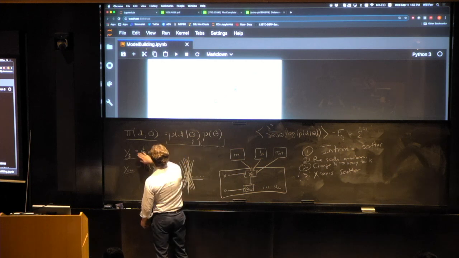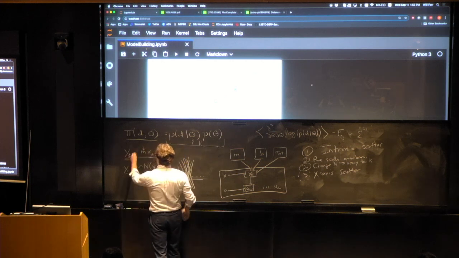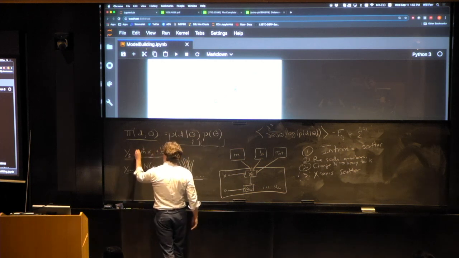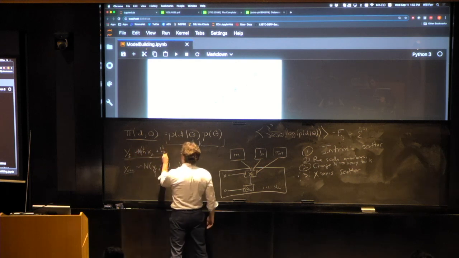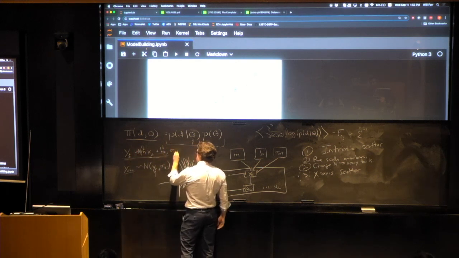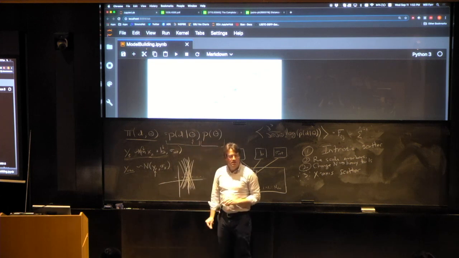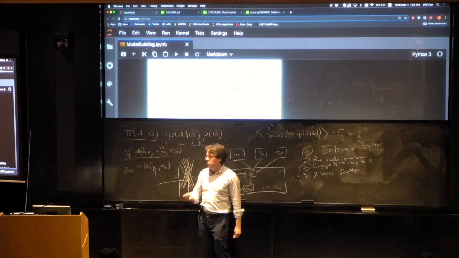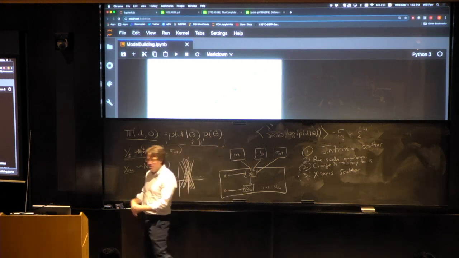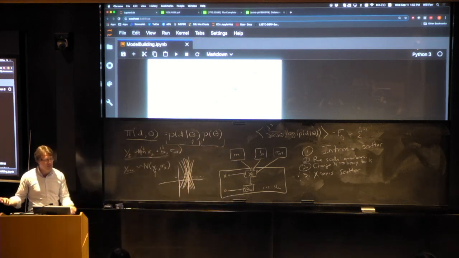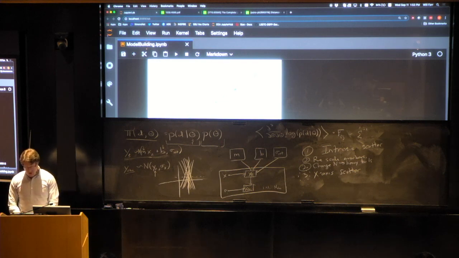So let's change this. In equations, this would be a simple way to implement intrinsic scatter: mx plus b predicts the mean value of y true, but then there's a noise in the instrument, or maybe physics we haven't modeled, or whatever, right? So let's code that up.